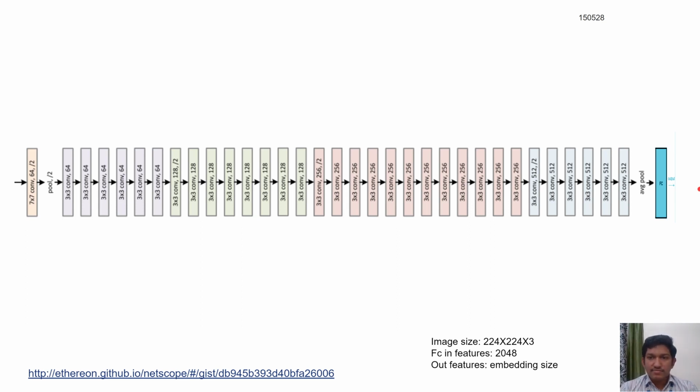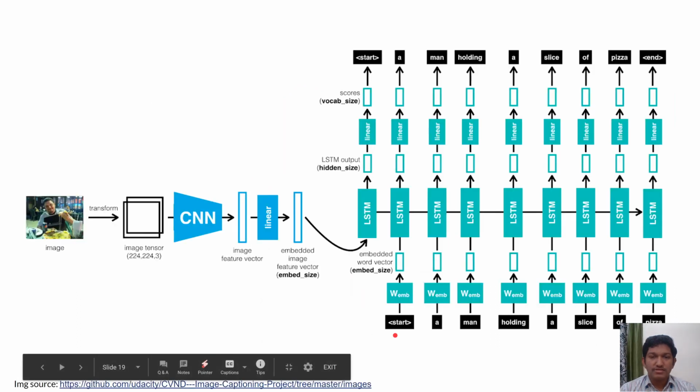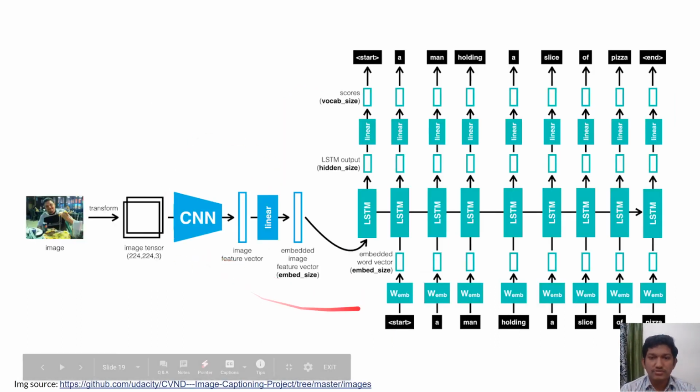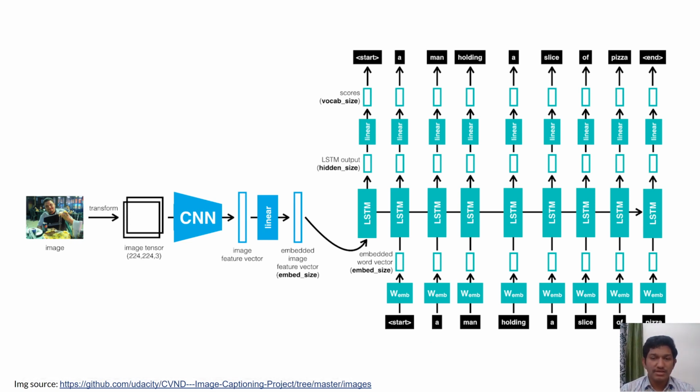After that, this whole thing makes our CNN. From here onwards, we represent this whole thing as this one, so it is used here, and whenever any image is given as an input, the whole flow goes on. This completes our architecture of the CNN RNN model.